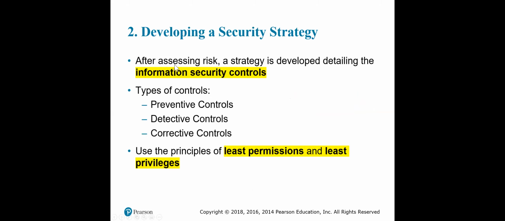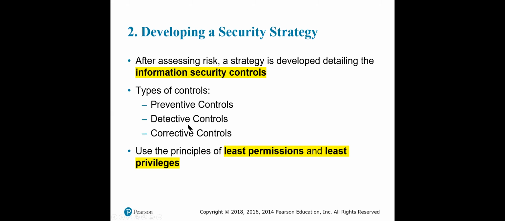And after assessing risk, a strategy is developed detailing the information security controls. There are three types of control. First, preventive control involves preventing any potentially negative event from occurring, such as preventing outside intruders from accessing a facility.